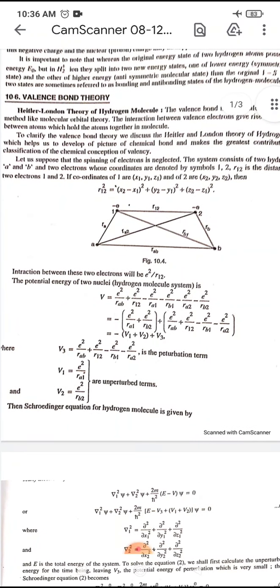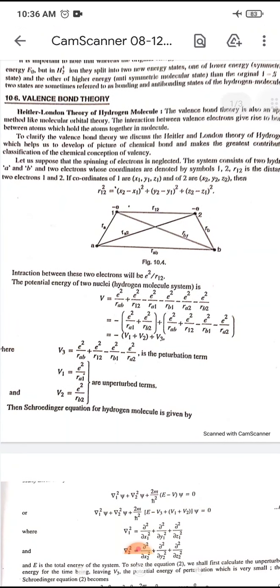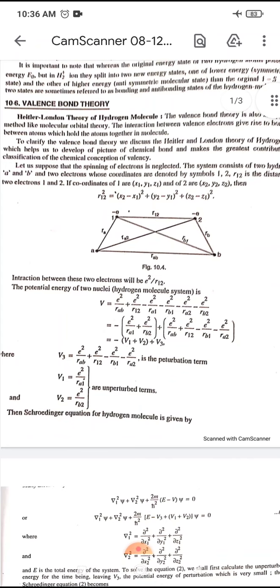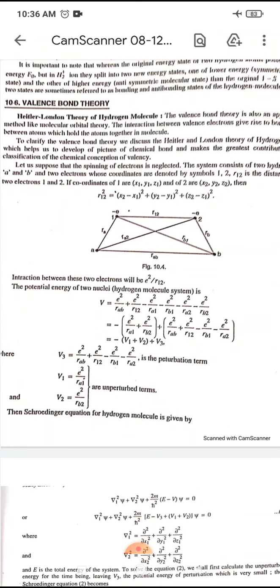This exchange degeneracy provides us a conception of the interaction that causes atoms to be held together in a stable molecule, giving us a picture of the chemical bond. Heitler and London made the greatest contribution to the clarification of the chemical conception of valency.